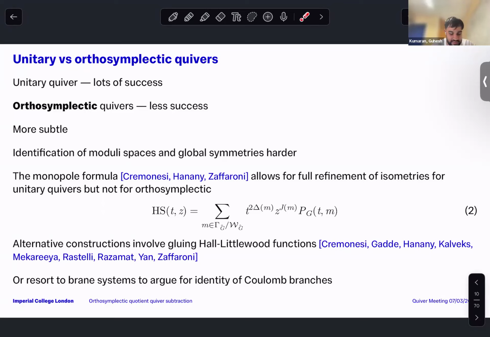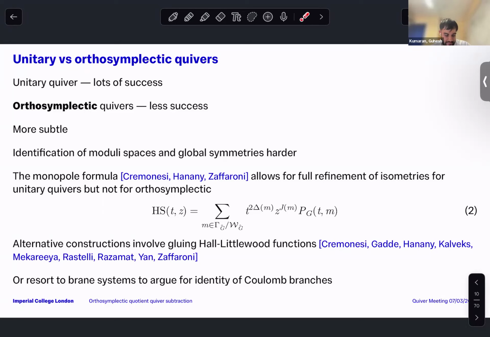But what I mean by this is there are some algorithms we have in the unitary case which do not extend so simply to the orthosymplectic. One example would be a way to identify the stratification of the moduli space. It isn't so clear how to do this with orthosymplectic quivers. And with unitary quivers, it is a bit more clear.